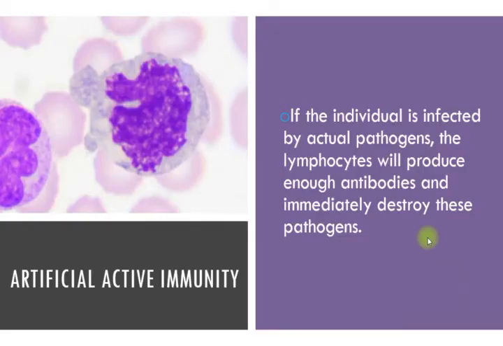If the individual is infected by actual pathogens, the lymphocytes will produce enough antibodies and immediately destroy the pathogen. So that is referred to as artificial active immunity.